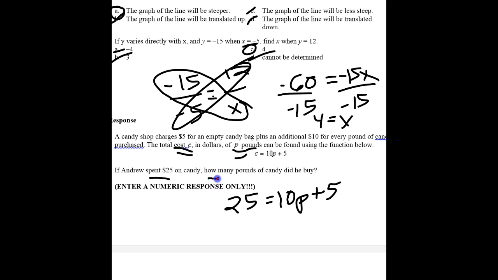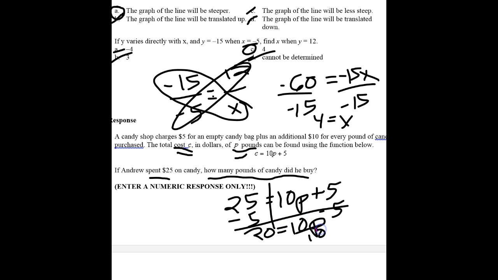Well, I'm looking for how many pounds of candy did he buy. So to get that P by itself, I'm going to subtract 5 from both sides. I'm going to end up with 20 equals 10P. And I'm going to divide by 10. So I end up with P equals 2. So my answer is 2 pounds.